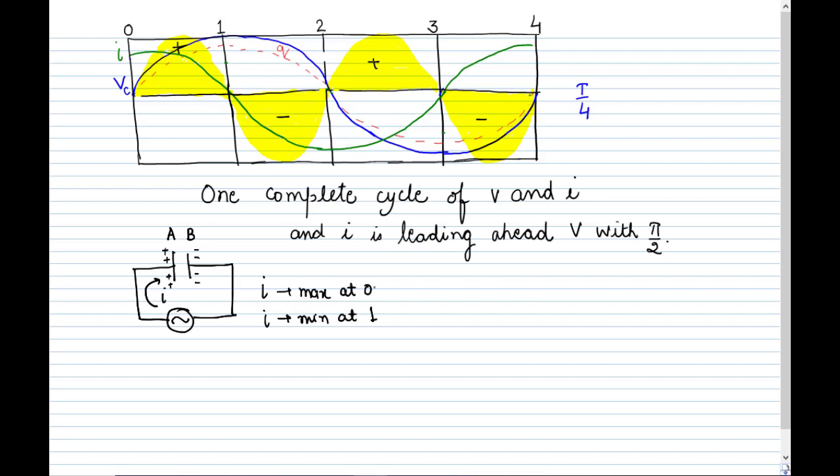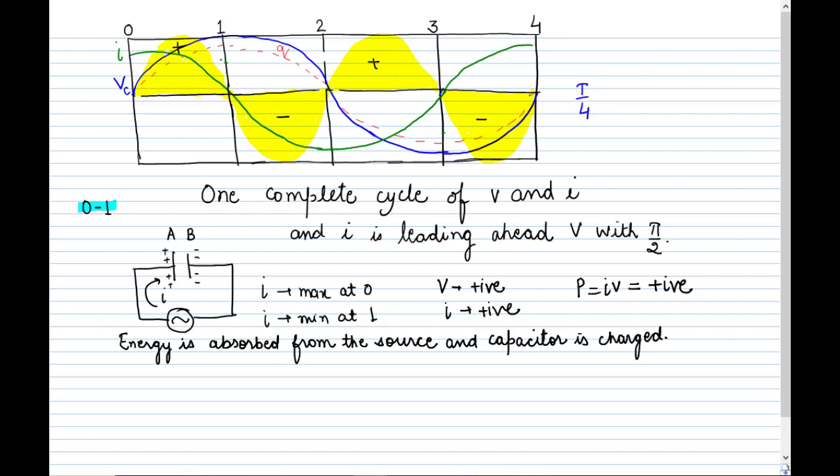So if you calculate the power, because P is equal to I into V, this will also be positive. So that means the energy is absorbed from the source, that is the AC voltage source, during this cycle and the capacitor is charged.